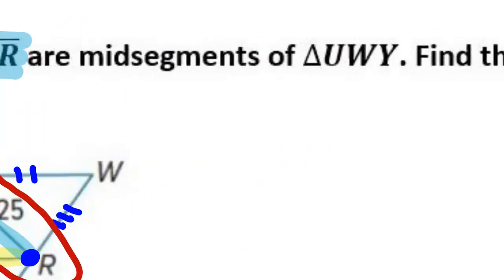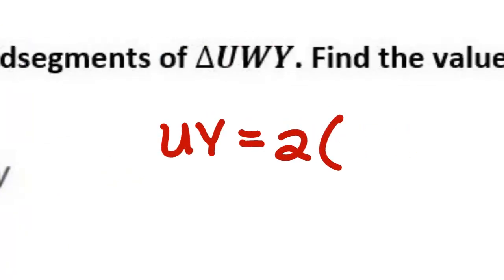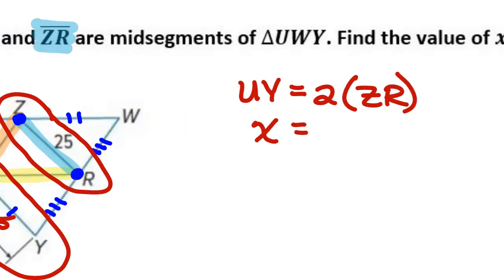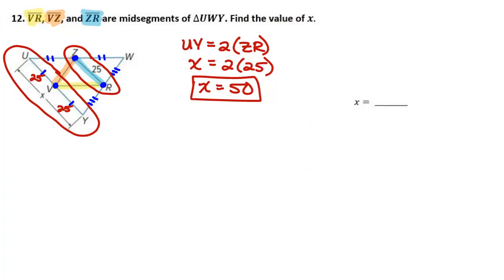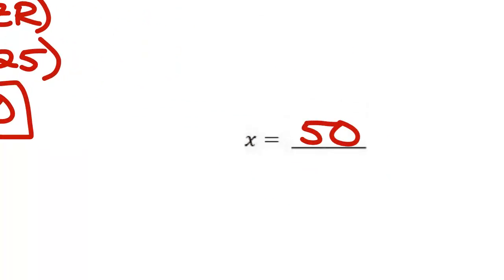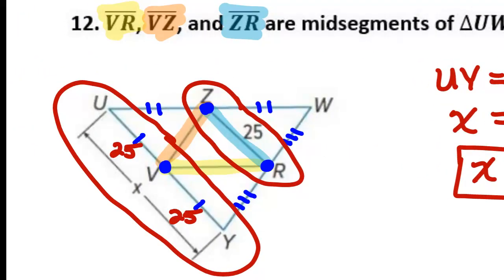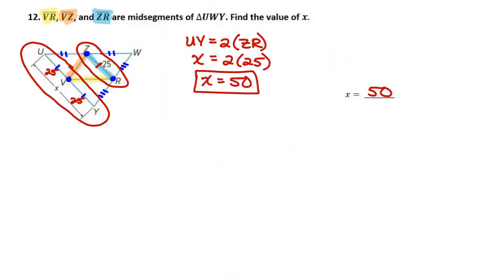So if I want to find the length of UY, that would be 2 times ZR. So X is equal to 2 times 25, or X is equal to 50. Because ZR would be congruent to UV and VY.